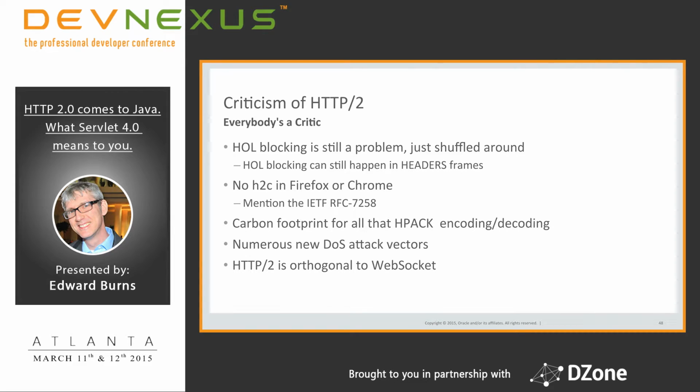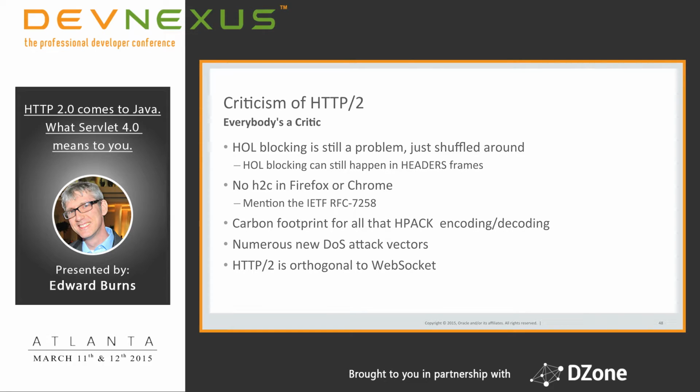So the concern is servers, being smart, might choose to put more data in the headers to get around these problems with priority and such, and kind of get back to the same problem we had before. So I would argue personally that that would be a misuse of the protocol, but the people in the expert group that were objecting on these grounds were basically saying, well, clients are just going to do whatever they can to get the most performance out of it.